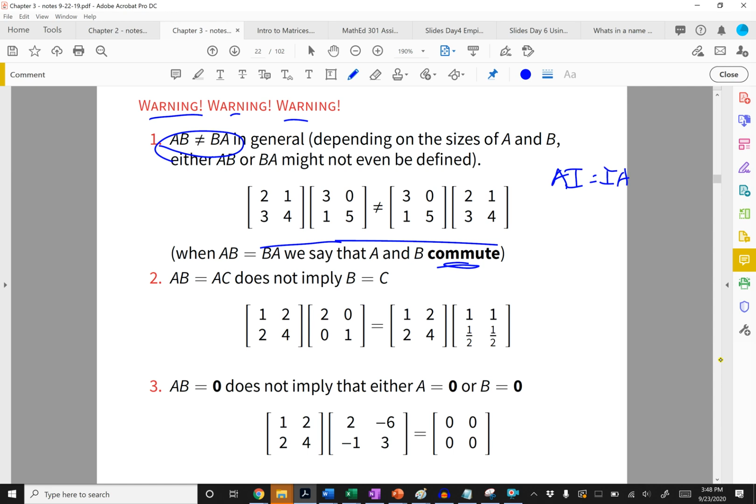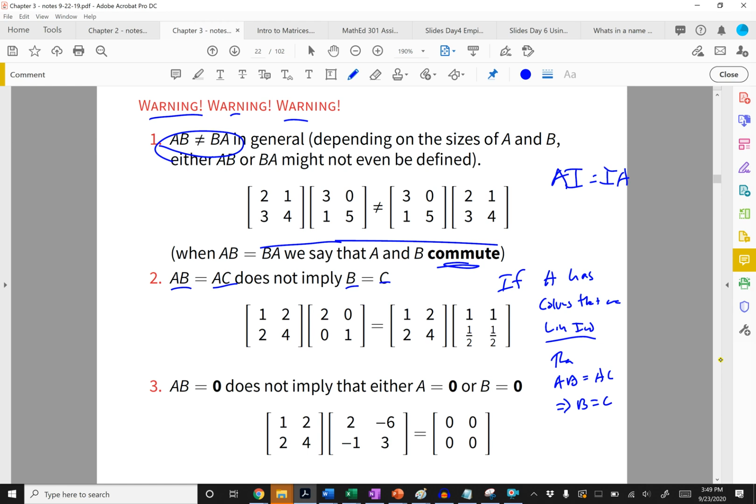Excuse me. If A times B equals A times C, it does not necessarily imply that B equals C. It does if A has columns that are linearly independent; then A times B equaling A times C does imply that B equals C. Why does that make sense?